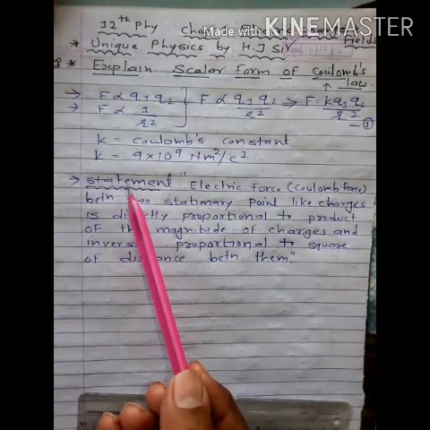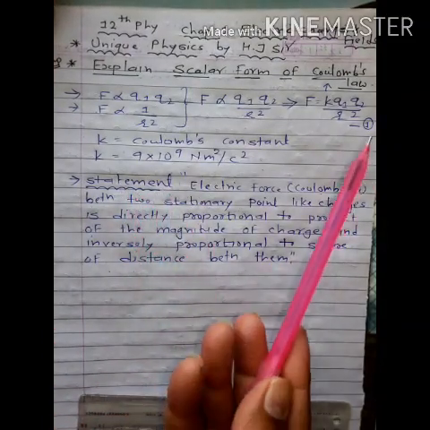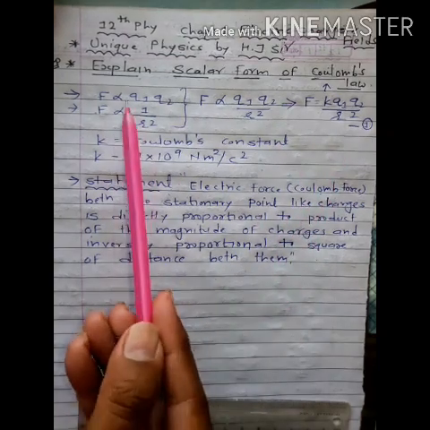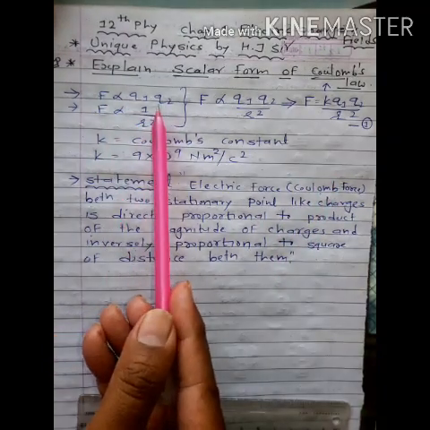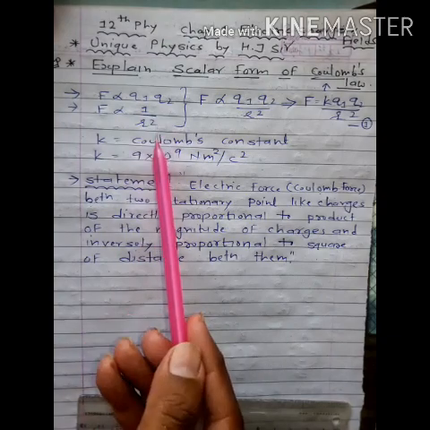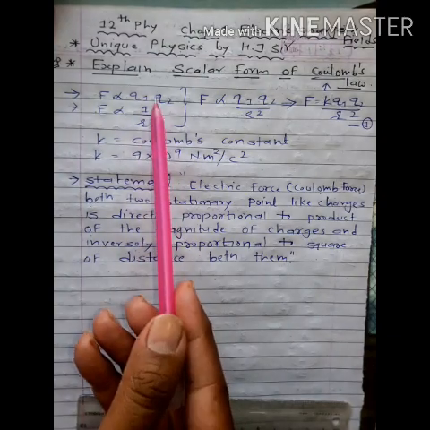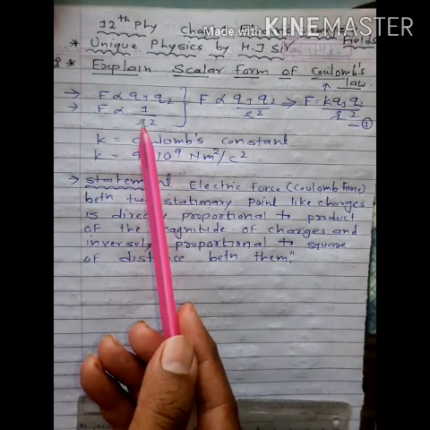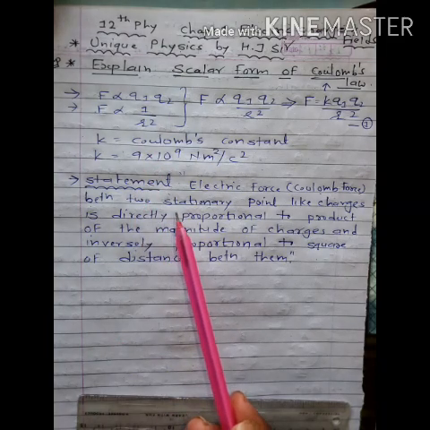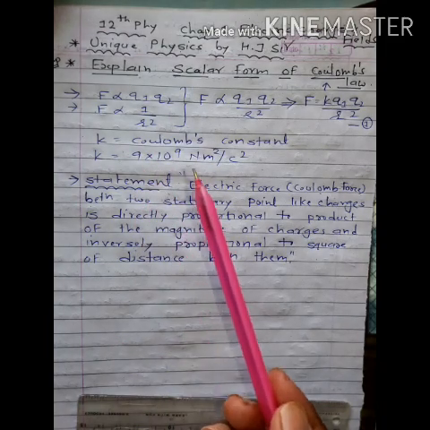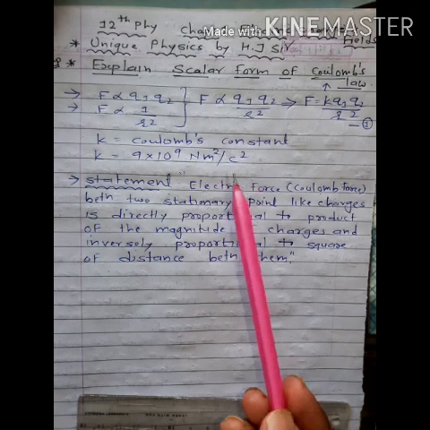Now remember statement of Coulomb's law. We have equation F proportional to Q1 Q2 and F proportional to 1 upon R square. So using these two relations we can find its statement. This is the simplest statement of this chapter.